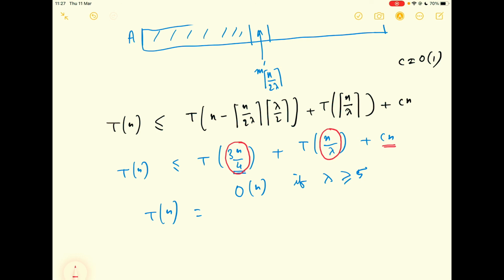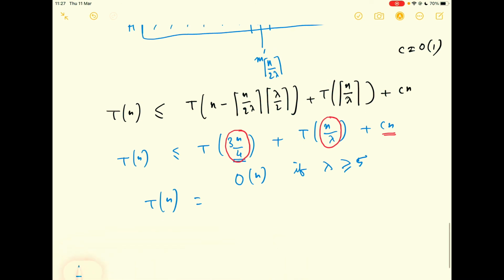The sum is strictly less than n, and in this case the running time is order n. Okay, so that's enough. If you pick, for example, lambda equal to 4, then this sum 3n by 4 plus n by 4 will be n, and in that case it won't be order n.